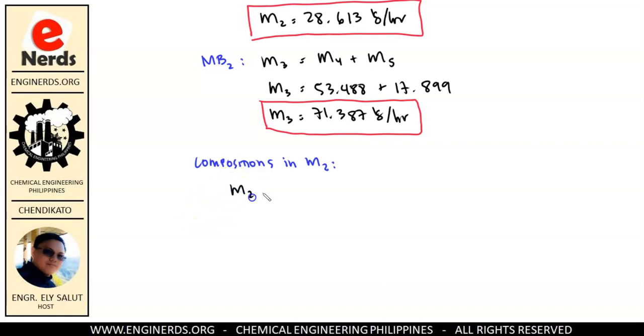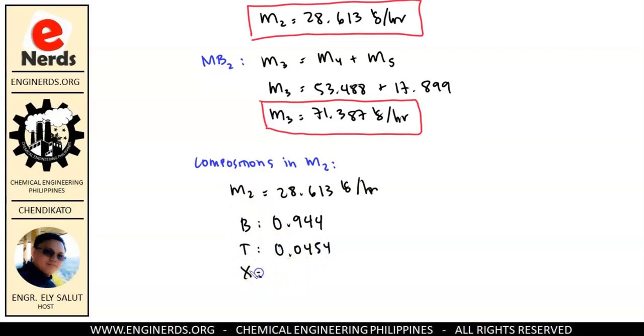Okay? So, we know the value of M2. Our M2 is equal to 28.613 kilogram per hour. Okay? And then, we are told that B is 0.944. Our T is 0.0454.